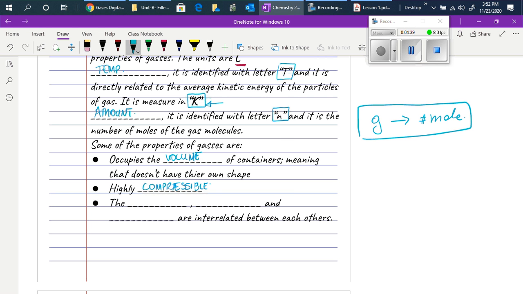And what we will see in this unit, even through the different laws, is that volume, pressure, and temperature are interrelated, which means that when we change the volume, whether we keep the temperature constant or not, the pressure will change and vice versa.